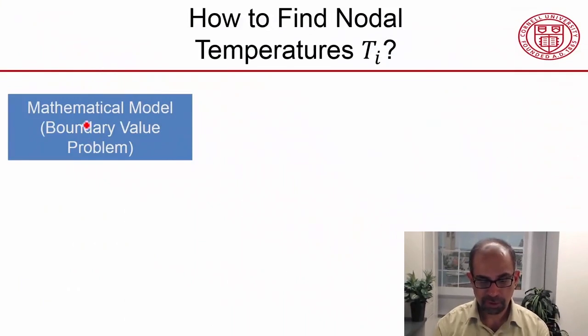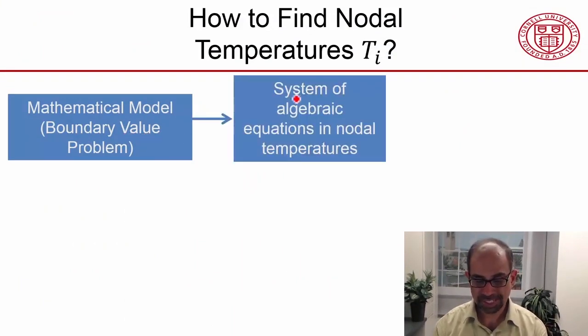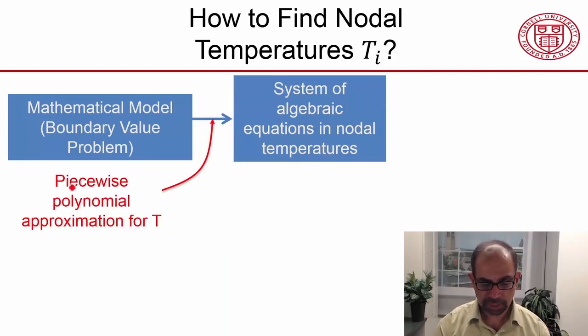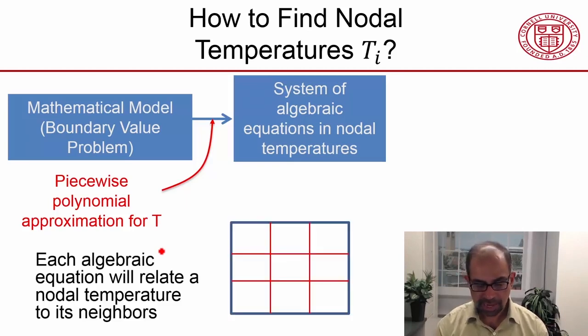So it'll go from the boundary value problem to a system of algebraic equations in the nodal temperatures. And it'll do that using the piecewise polynomial approximation for T that I just talked about. And each algebraic equation will relate a nodal temperature to its neighbors.